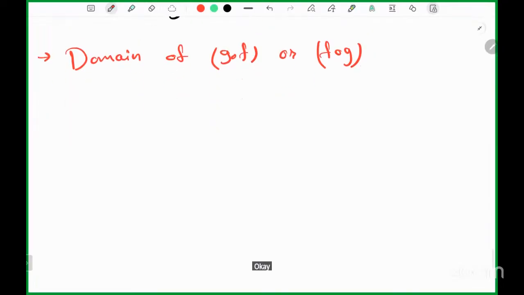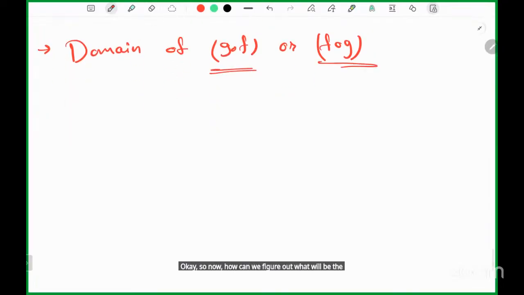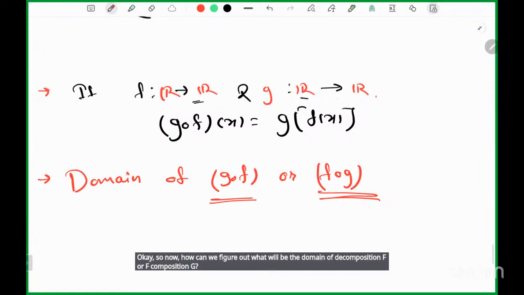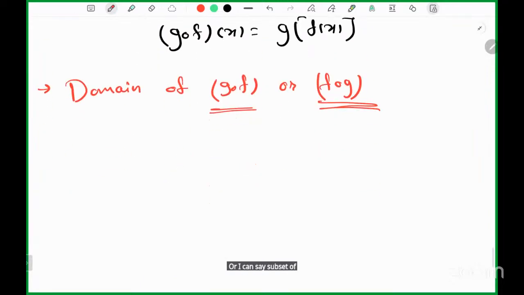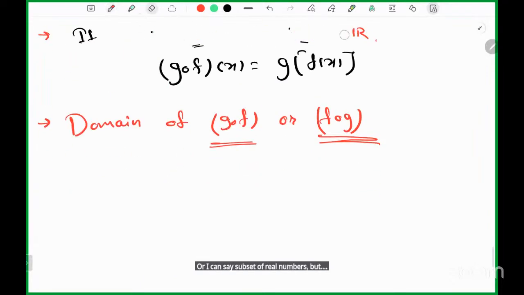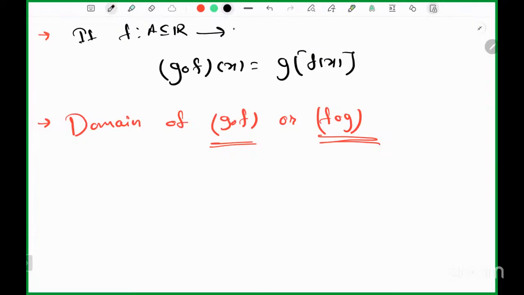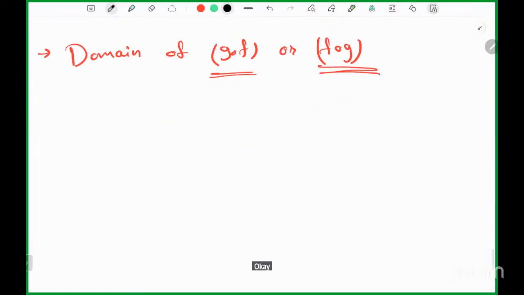So now how can we figure out what will be the domain of g composition f or f composition g? Or I can say a subset of real numbers.